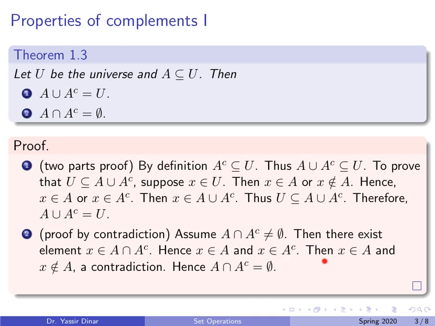This also implies that X is an element in A, and since X is not an element in A complement, that means X is not an element in A. And this gives me a contradiction. That means my assumption that A intersection A complement is not empty is wrong. So A intersection A complement is supposed to be empty.